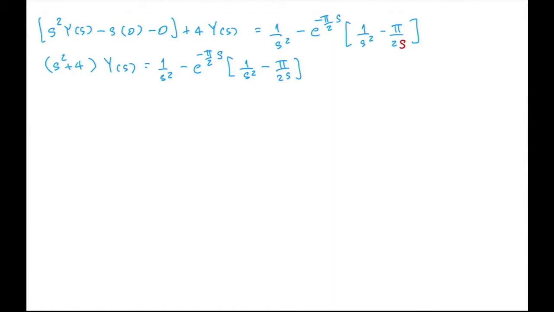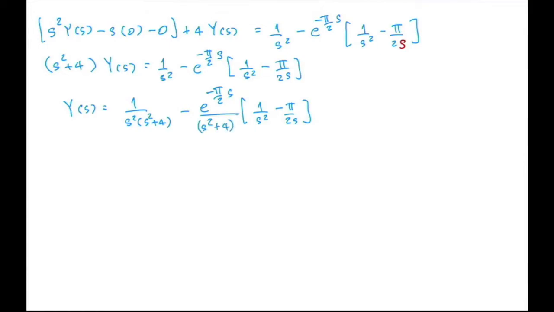And what we have here would be Y(s) equals 1 over s squared plus 4 minus, wow, it's a bit messy here. That is s squared plus 4 as well.